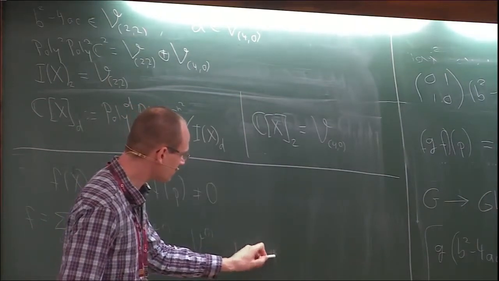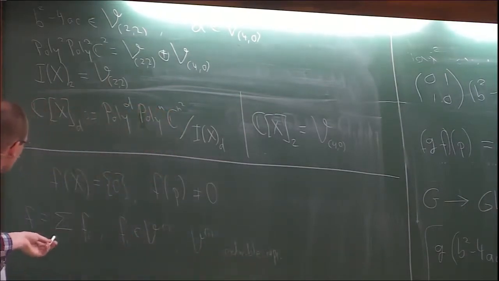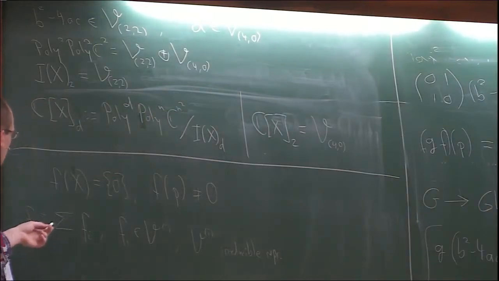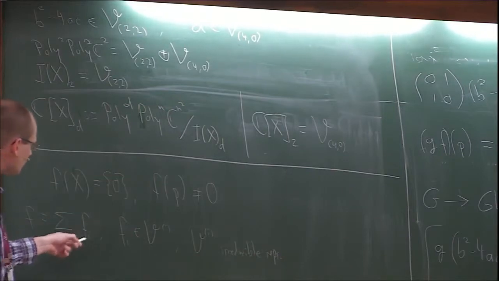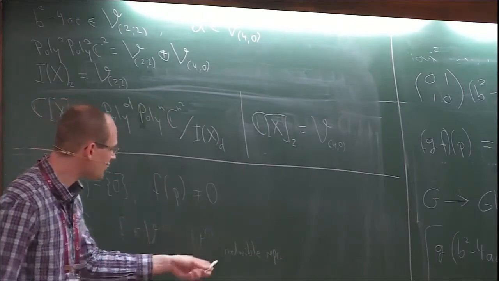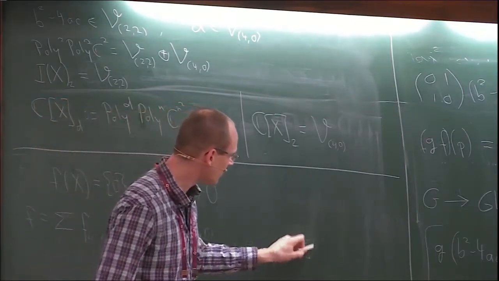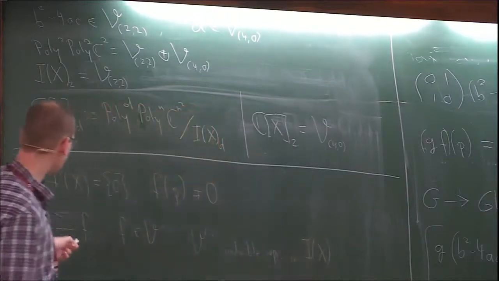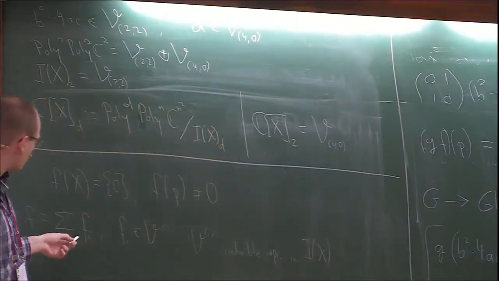Those Vi are not only irreducible representations, they are irreducible representations in the vanishing ideal. So they all vanish, which means all the Fi's vanish on X independently.